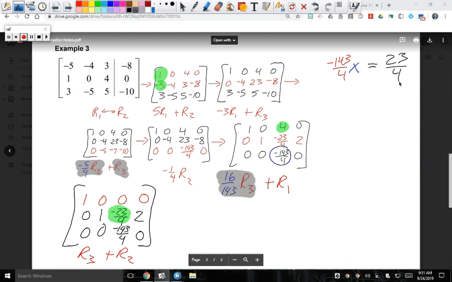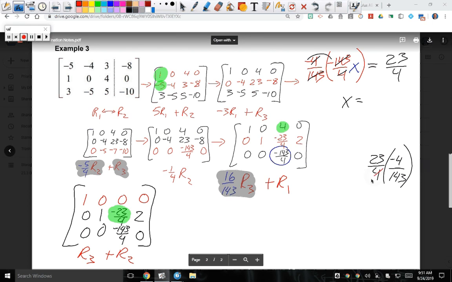So let's figure this out. If I multiply by negative 4 over 143, you see that the cancellation to 1 and the positive just occurred. Here we go. 23 over 4 times a negative 4 over 143.